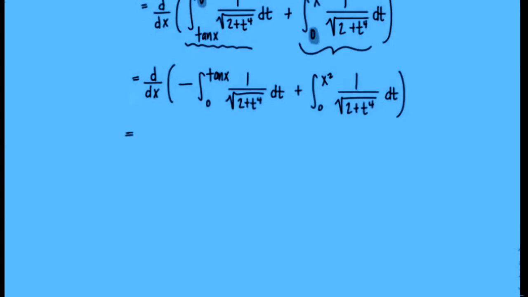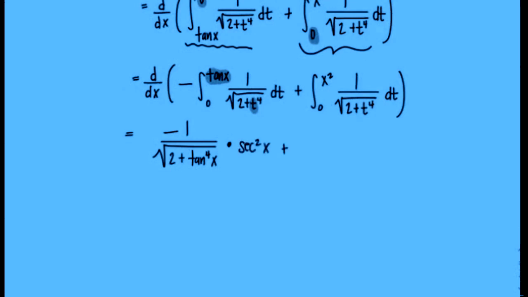So when I take the derivative, remember I am just going to substitute the upper limit in for the variable. So I am going to have negative 1 over the square root of 2 plus tangent to the fourth of x, times, and do not forget, I need to apply the chain rule. So I need to multiply by the derivative of tangent of x, which is secant squared.